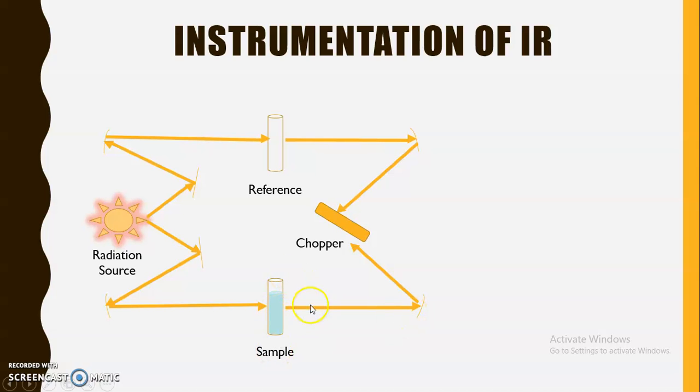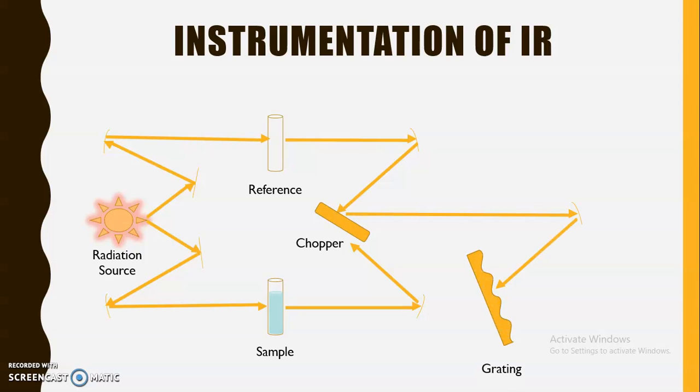Say for example, the sample absorbs 60% of the light, then only 40% of the light will go towards the detector. In this way, it can subtract the sample from the reference and measure the transmittance. In this way, alternately, the light from the sample and the reference will go towards the detector.